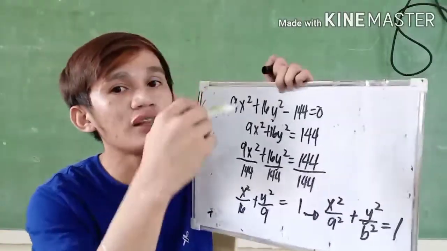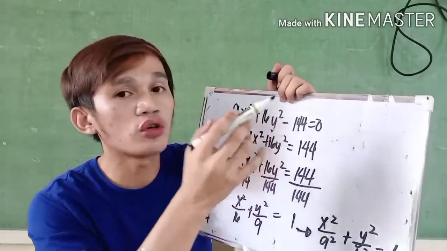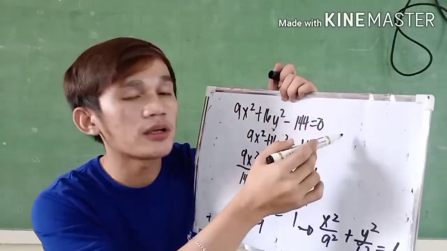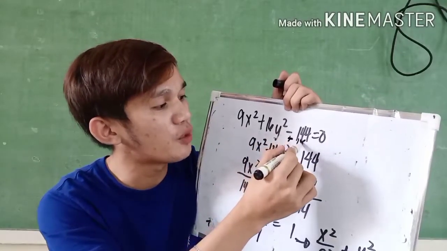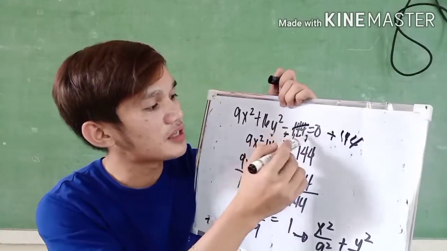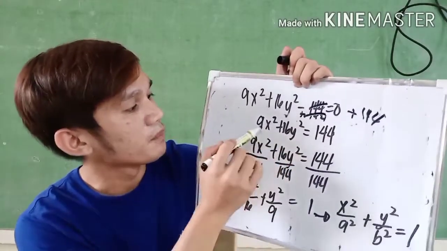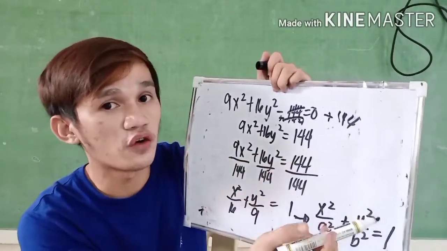So para makuha natin to, kailangan nating makancel to, so kailangan mapalipat siya doon. So we are going to use addition here. We are going to add 144 both sides. So plus 144 para makancel to. So this will become 9x squared plus 16y squared is equal to 144.